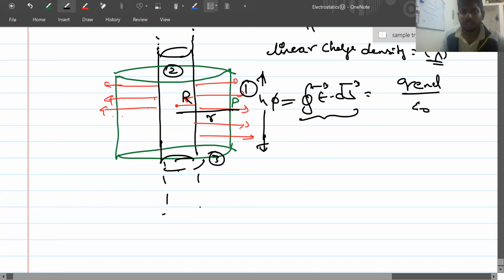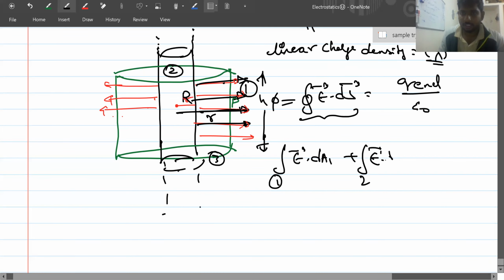Because it is a long cylindrical wire, the electric field will be perpendicular to the end surfaces. So I consider in the first surface E dot dA1, plus in the second surface E dot dA2, plus in the third surface E dot dA3, equal to Q enclosed.